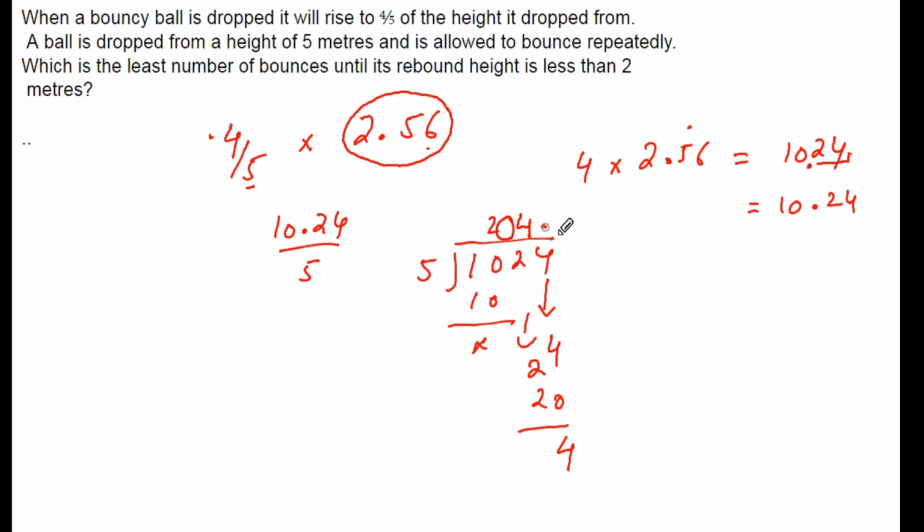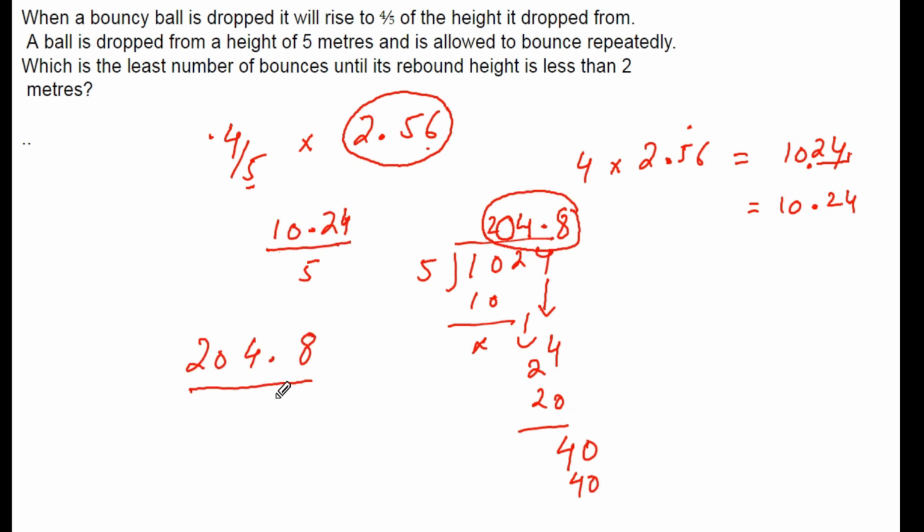We need to put a decimal, and now 5 times 8 is 40. Now 204.8 is not your final answer. We need to put this decimal in our answer. That means we have to move this decimal backwards 2 times, right? It will become 2.048.